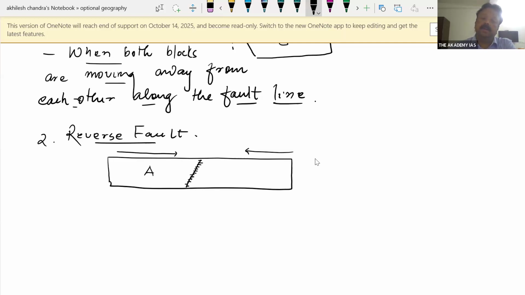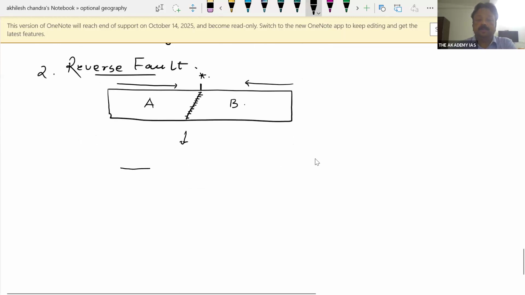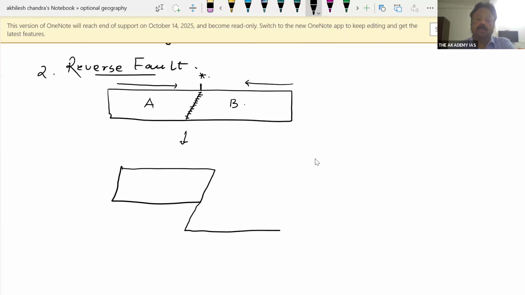This is block A, here it is block B. And this is the meeting point. Try to see the meeting point, and the outcome is like this. So this is block A, like this, and here it is block B. So this is A, here it is B. Try to see, the meeting point was here.